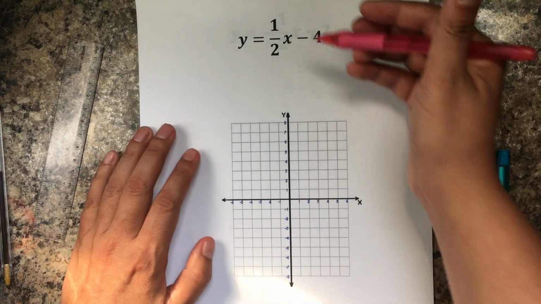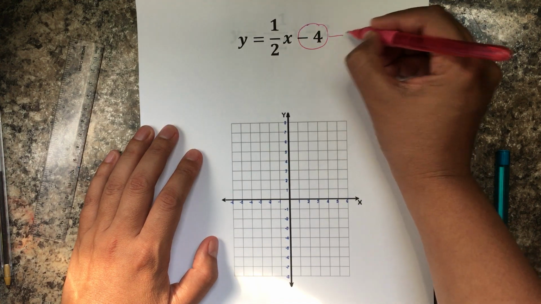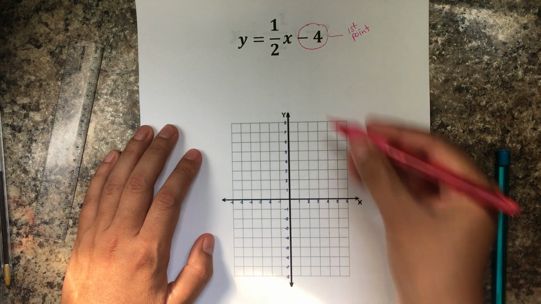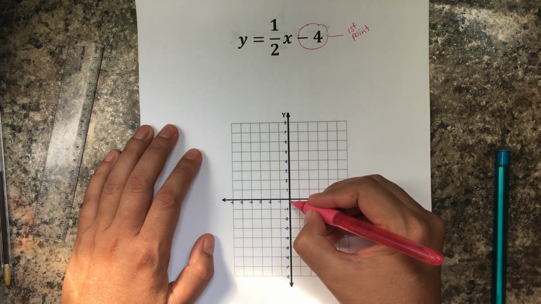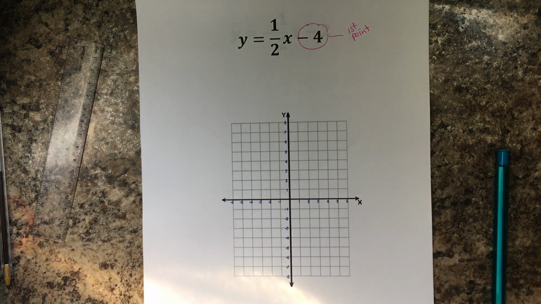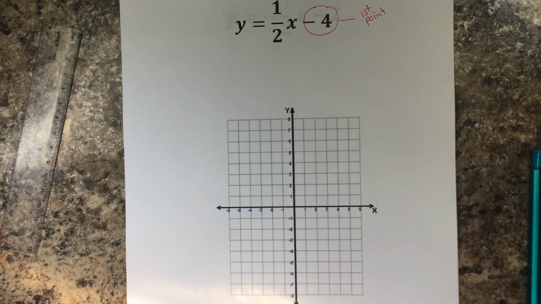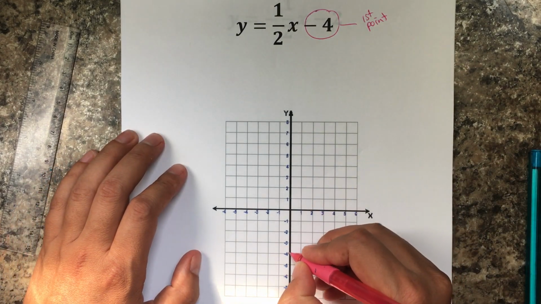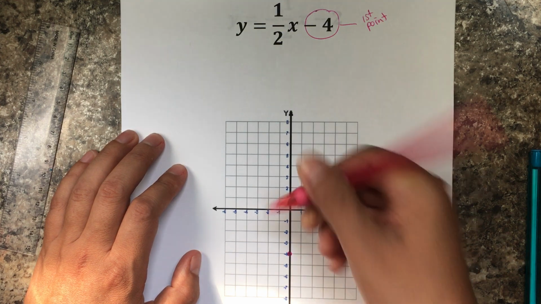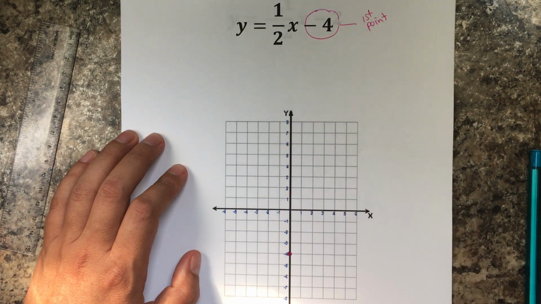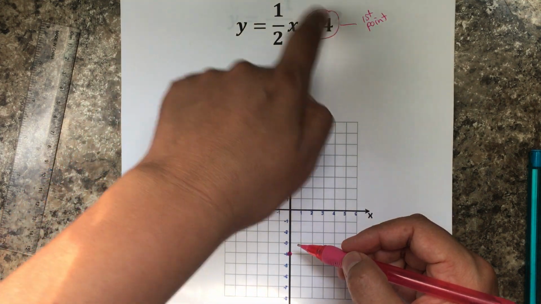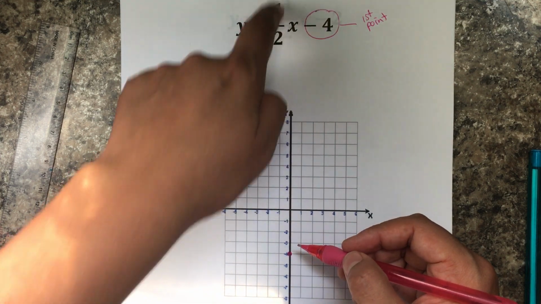Okay, again, first point, and it's the y-intercept. -4 is now down here. Let me see if I can zoom a little bit. So -4 is down here. That's my first point, the y-intercept, always on y. People say y-y-x, y-y-x.